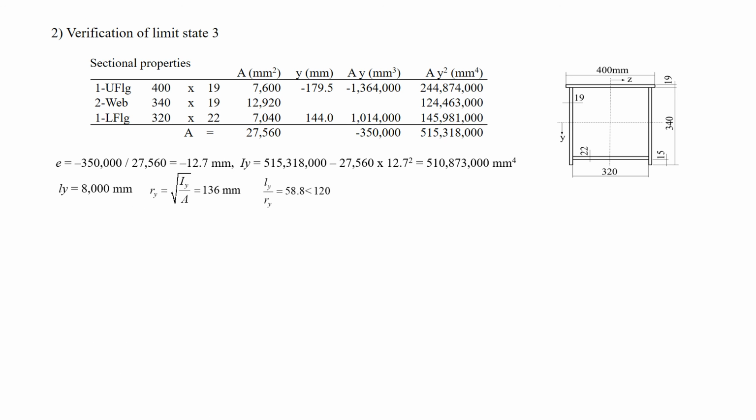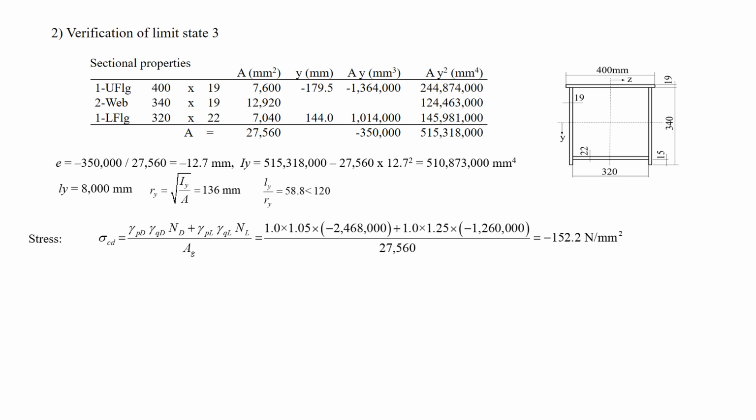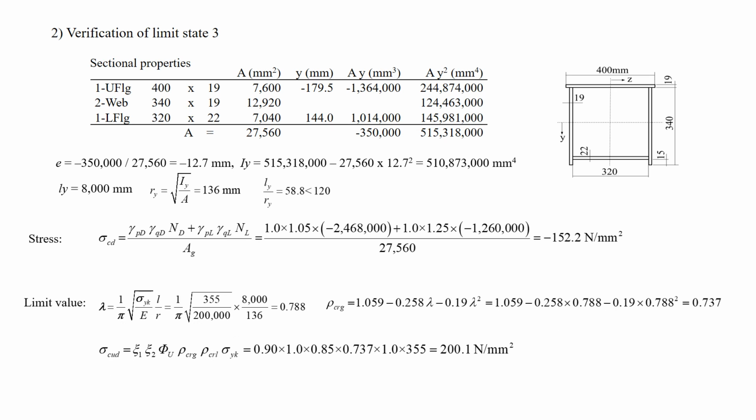Remember that the position of the neutral axis must be found, and the slenderness ratio should be less than 120. Then we can calculate the stress and the limit value. The stress is within the limit value and satisfies the limit state 3.